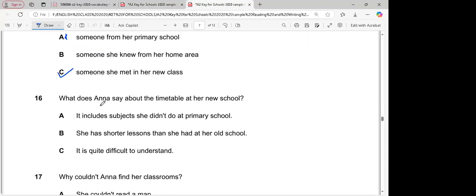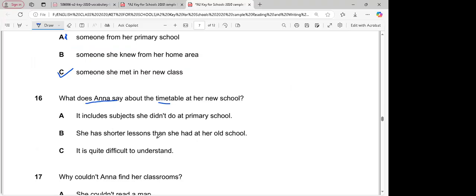Let's go to the questions and answers. What does Anna say about the timetable? It includes subjects she didn't do at primary school. It's correct. Okay, right. Let's see the B and C also. She has shorter lessons than she had.